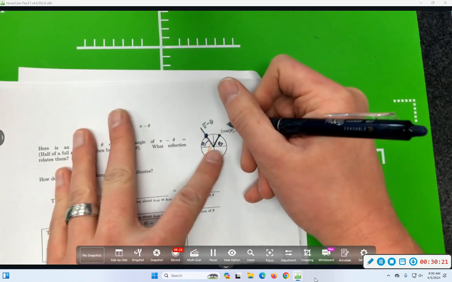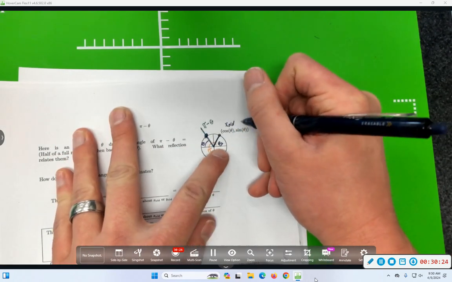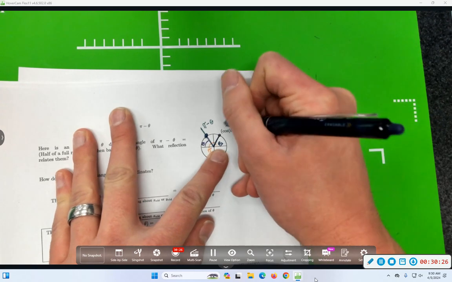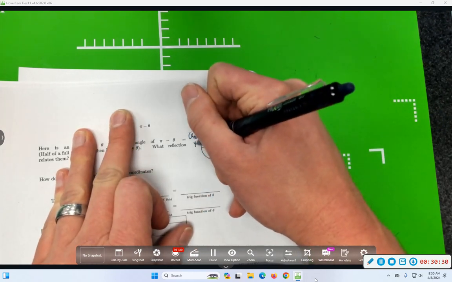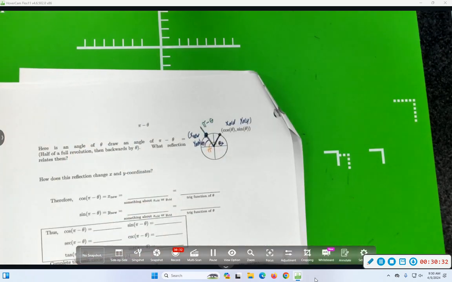All right, now I'll add the same decoration. There's x old, y old. This new point I will label as x new, y new. And now that we have that picture, let's ask the same question as we did for negative theta. What symmetry relates them? Flip it over the y-axis. Nice.